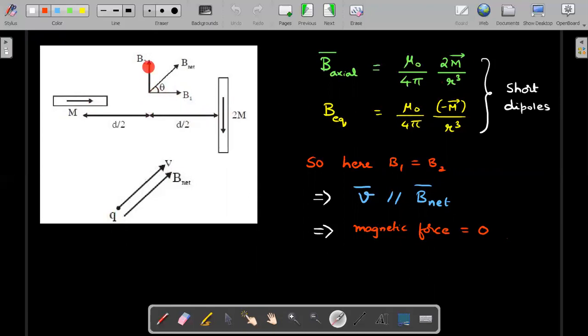And these two values, because of the way the m and 2m have been adjusted, come out to be equal in this particular problem. Once they are equal, the net magnetic field will become at a 45-degree angle, which in essence was nothing but the velocity that was carefully given. So B net and v will become parallel to each other, and once they are parallel, q into v cross B force becomes 0.